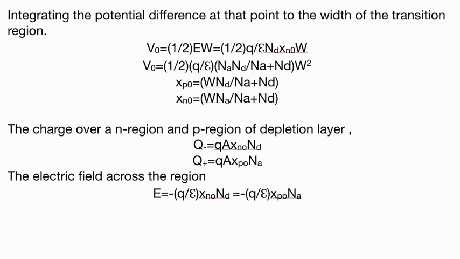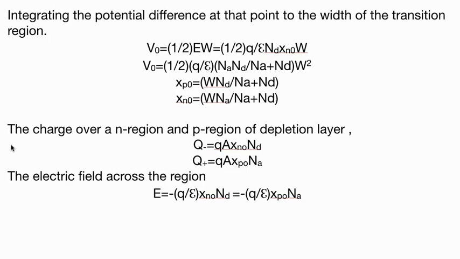Integrating the potential difference at that point to the width of the transition, which we have got earlier, V naught is half E into W, or half q by epsilon N dx naught into W. V naught is 1 by 2 q by epsilon into Na Nd over Na plus Nd into W square.